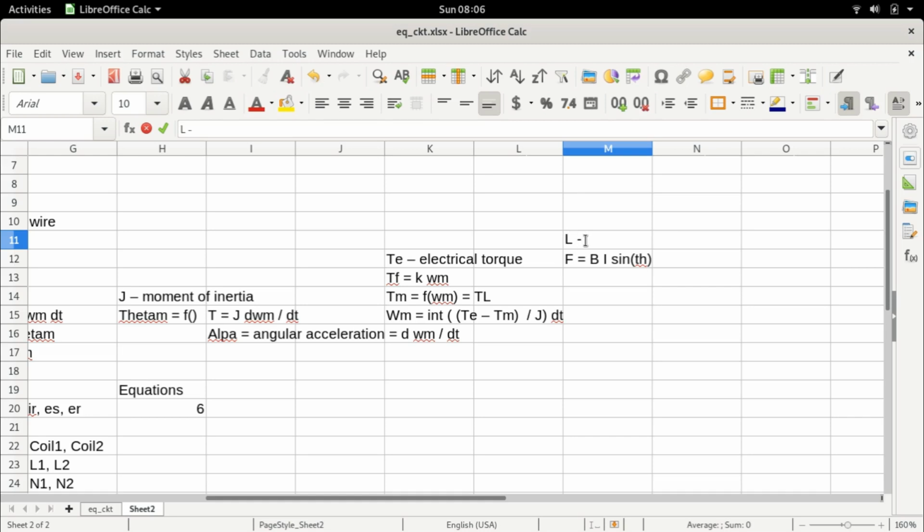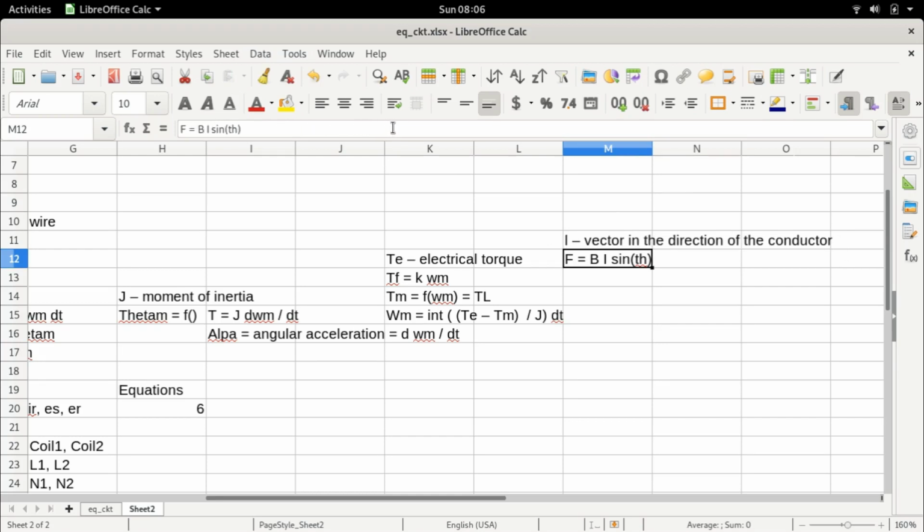Actually this should be small l, because L is inductance. And this can be said to be a vector in the direction of the conductor, right?